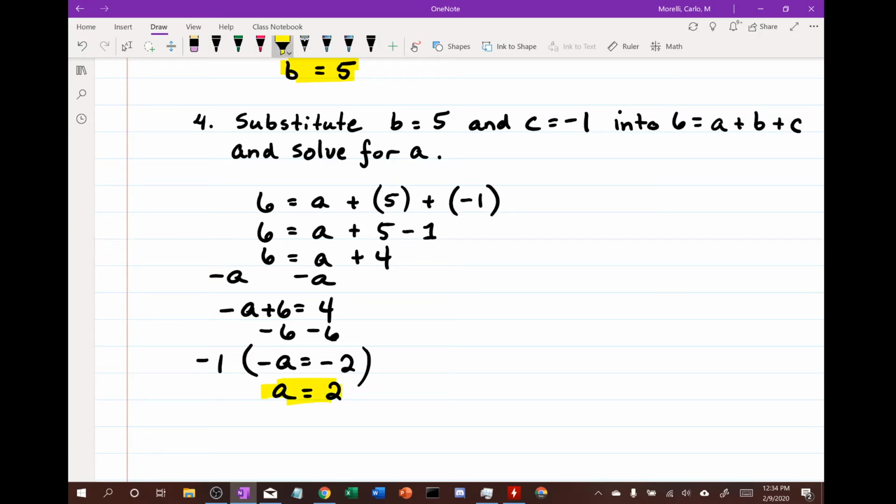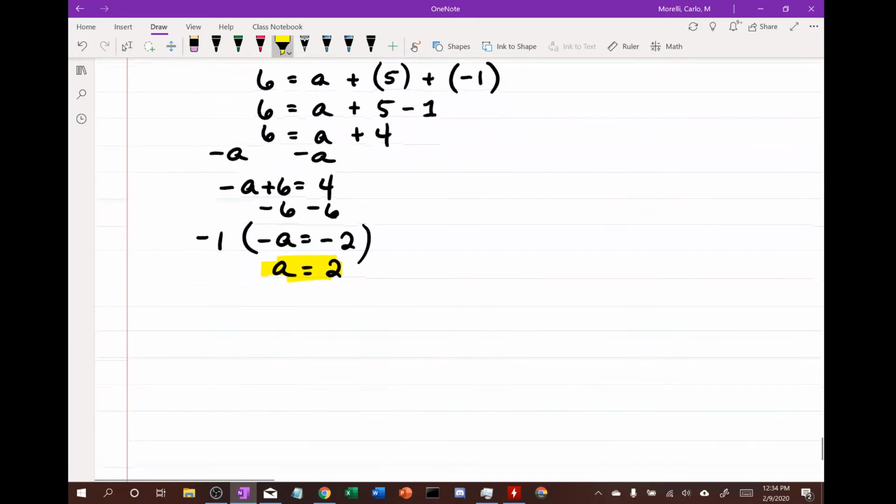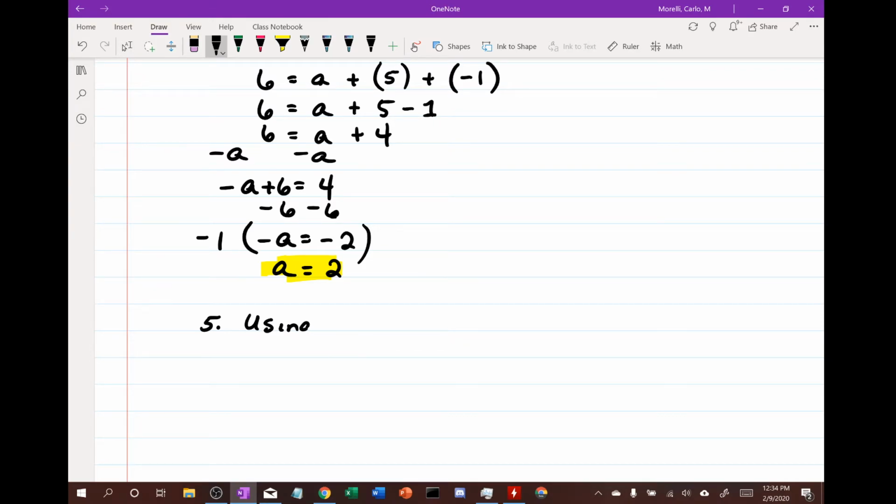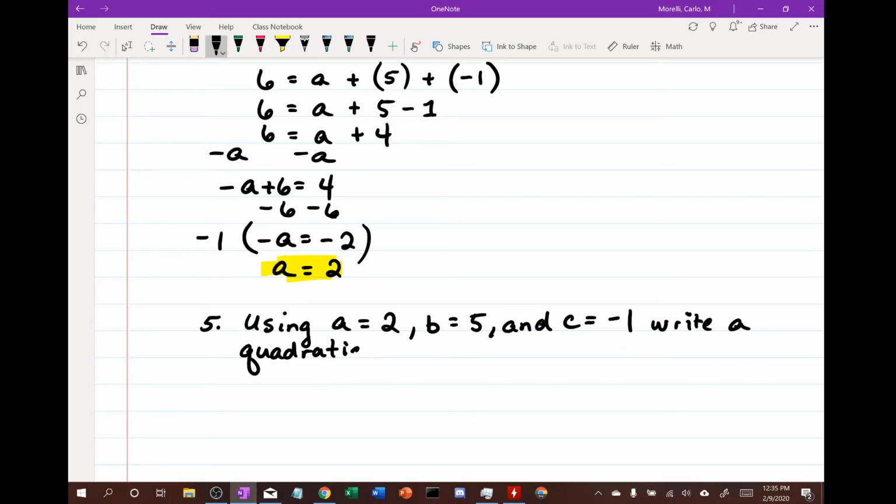So I now know that using a equals 2, b equals 5, and c equals negative 1, write a quadratic equation in standard form.